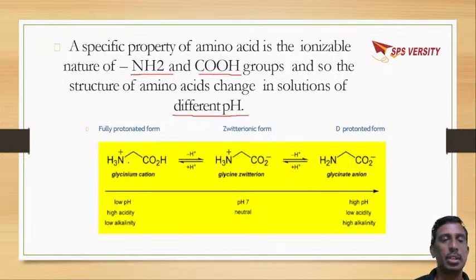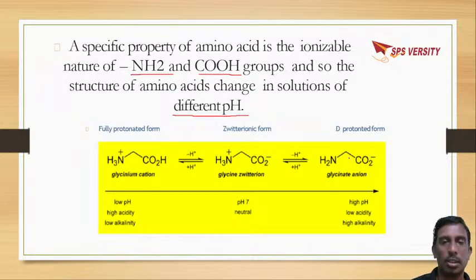So here you can see glycine at low pH. It is called glycinium cation. At normal pH, glycine zwitterion. At high pH, it is glycinate anion. That is, at high pH, the carboxylic group loses hydrogen.